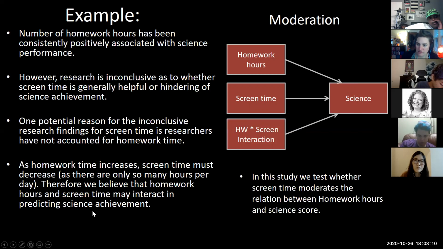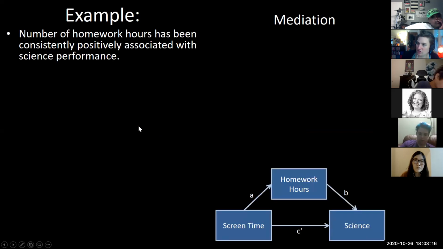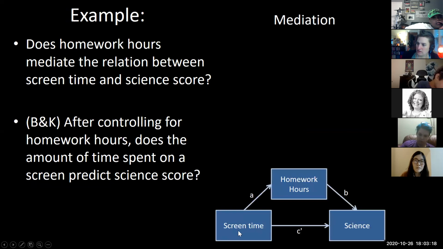That's what all of this is saying in lots of different ways. Now, the mediation question is, does homework hours mediate or explain the relationship between screen time and science achievement?